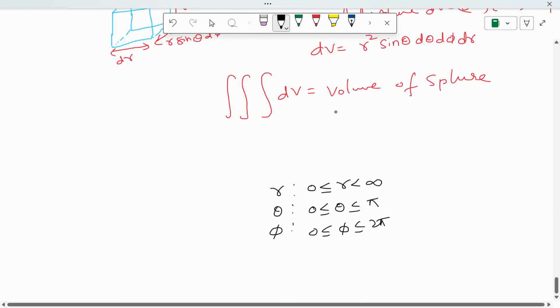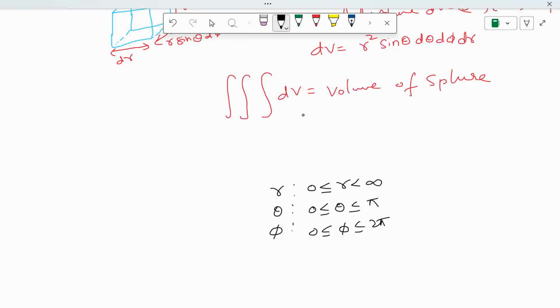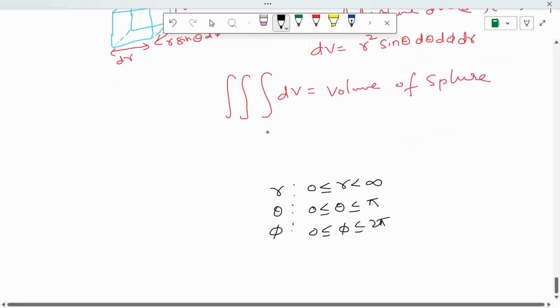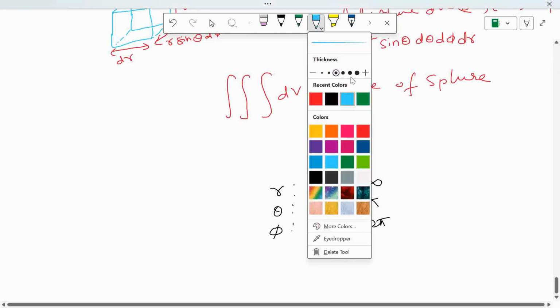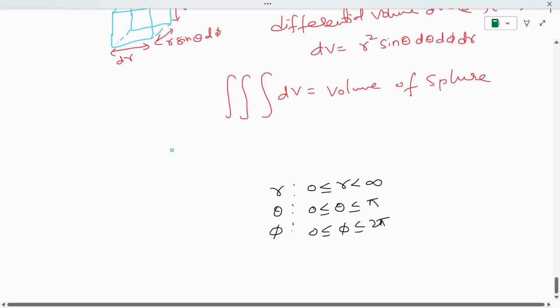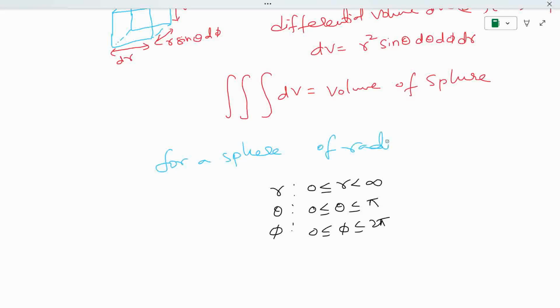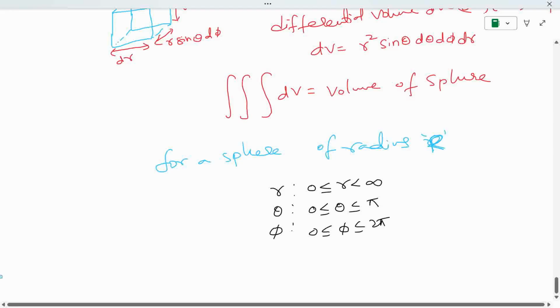Now, in order to get the volume of a sphere, we have to apply all the limits here, whichever is applicable. So for a sphere of radius r, let's take capital R, because we are always using small r.